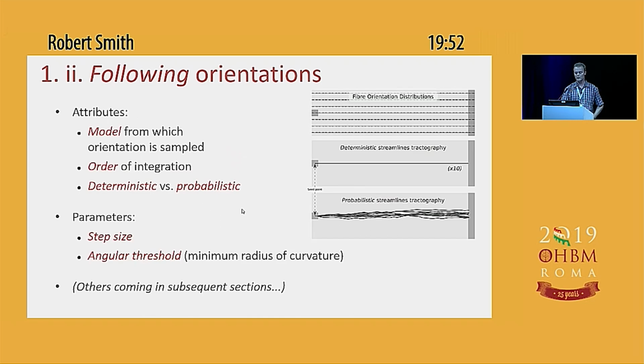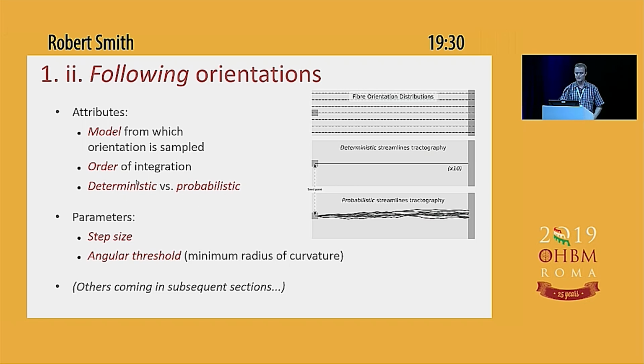A few other things to consider. Obviously, we've spoken briefly about the model. There's the order of the integration. So fundamentally, streamlines tractography, you can think of it mathematically as an integration technique. You want to use a technique that performs that integration accurately and doesn't accumulate numerical errors.